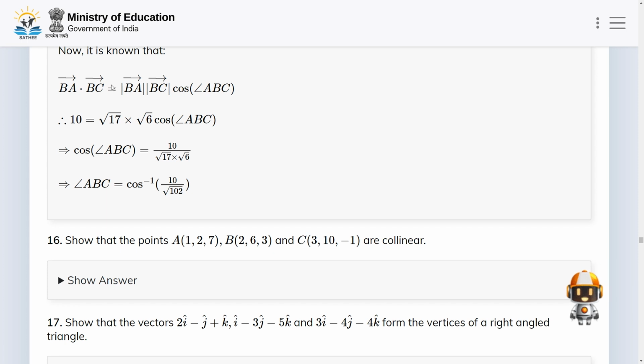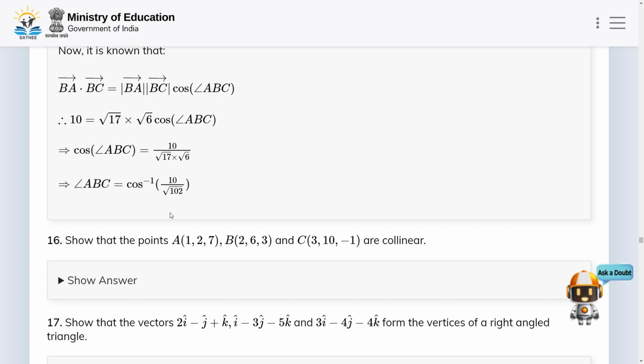You know the dot product is 10, you know their magnitudes, √17 and √6. This means cos of angle ABC is equal to 10 divided by √17 times √6. This means angle ABC is equal to cos inverse of 10 divided by root of 102.